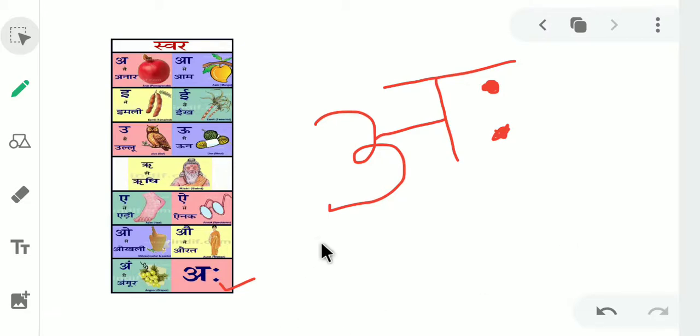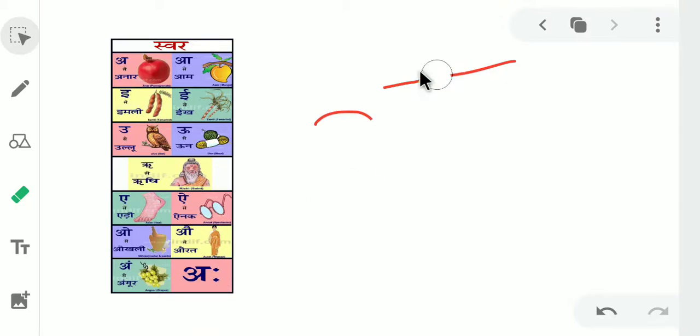Okay, so this is my first video on Hindi language, how to write or pronounce the vowels of Hindi. So these are some vowels of Hindi.